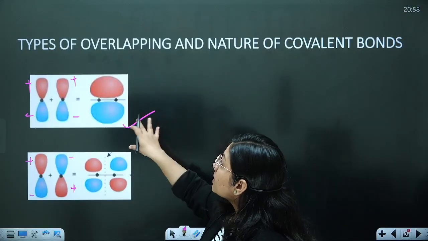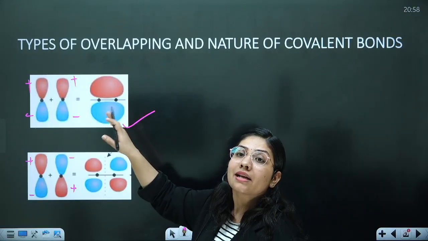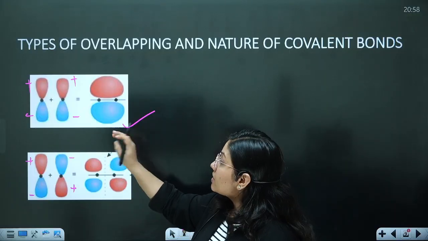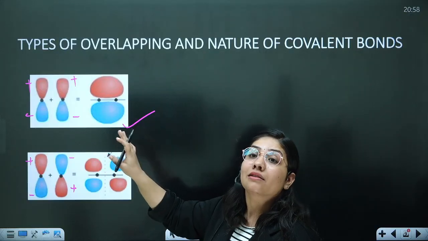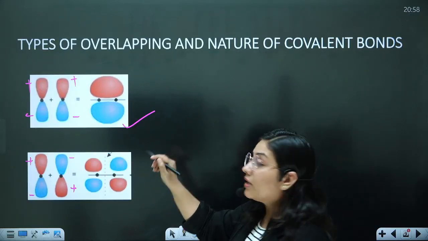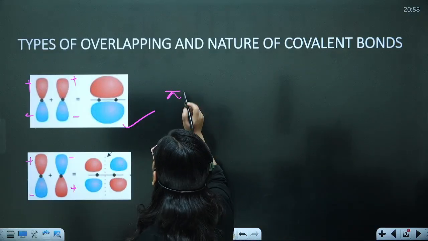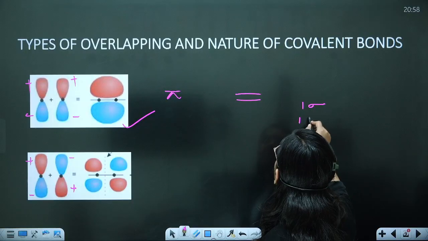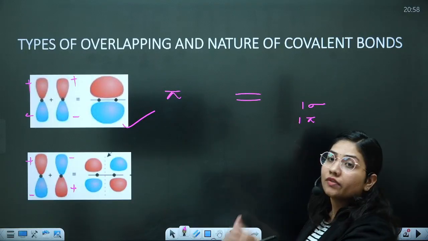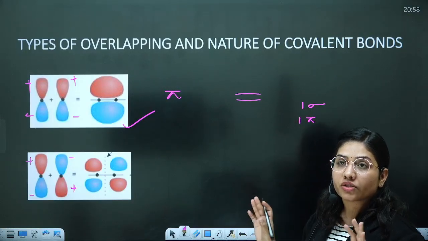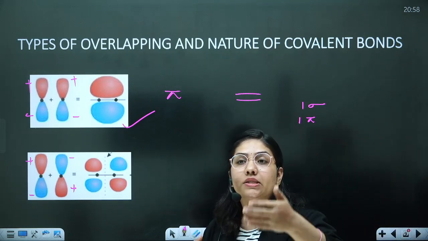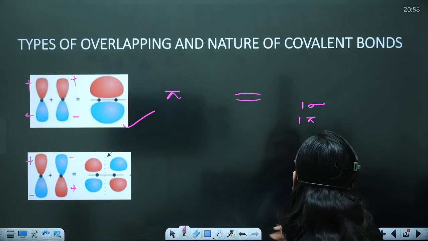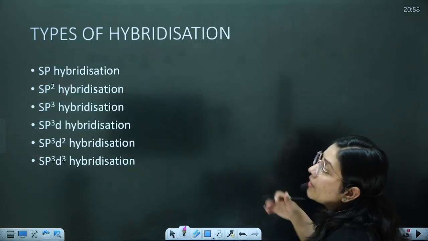This shows that this is sidewise overlapping, this is not axial. This will not form only a sigma bond, there will be a pi bond. Always remember that in a double bond there is one sigma and one pi bond. So wherever you find this kind of structure, you will be able to understand which is the sigma bond and which one is the pi bond. This is for that knowledge only we have introduced it here.